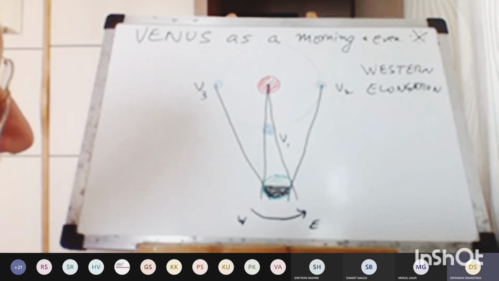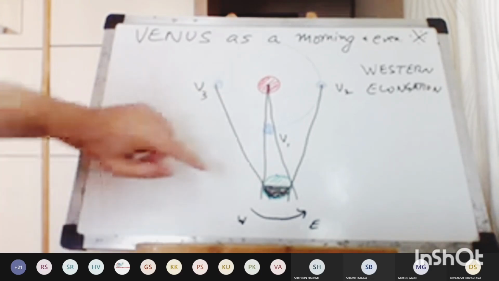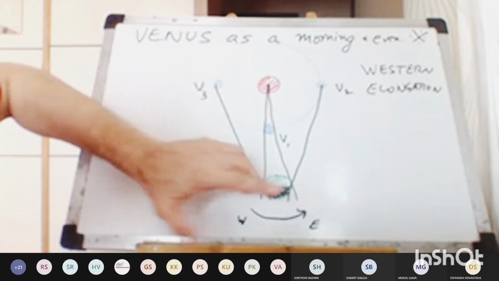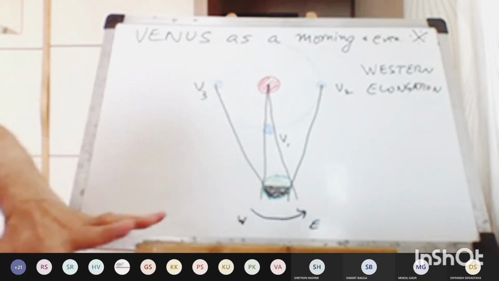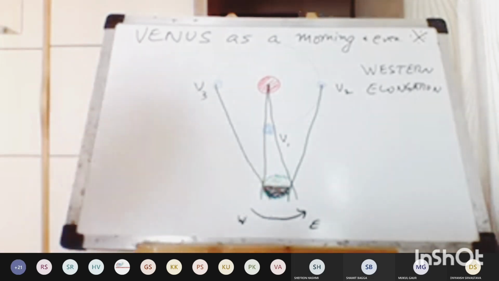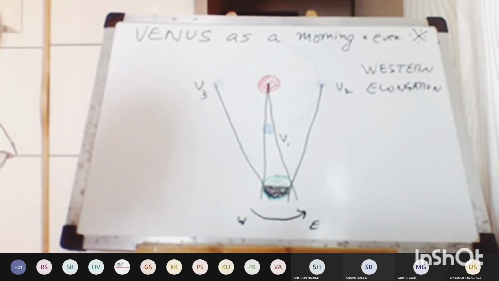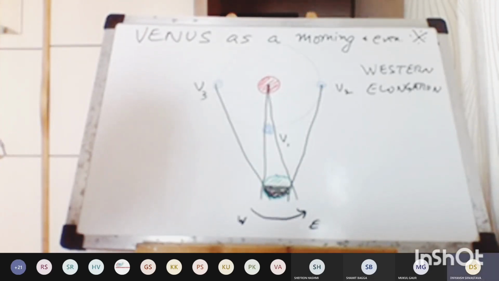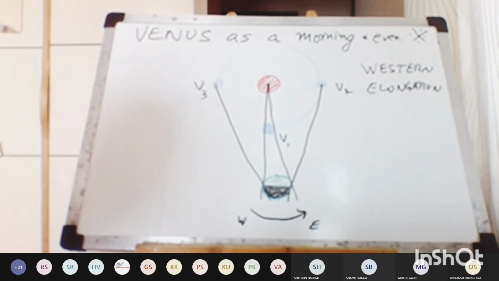Yes or no? Yes, sir. Okay. Now, can you tell me, as far as the GP is concerned, Venus lies to the west of Sun or to the east of Sun? Please, sir, only GP.